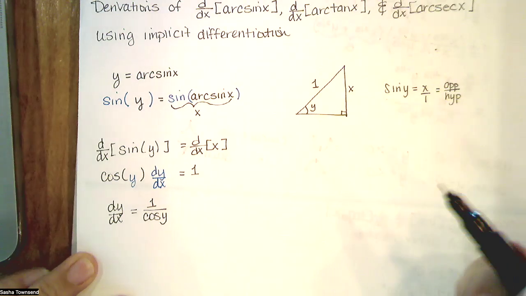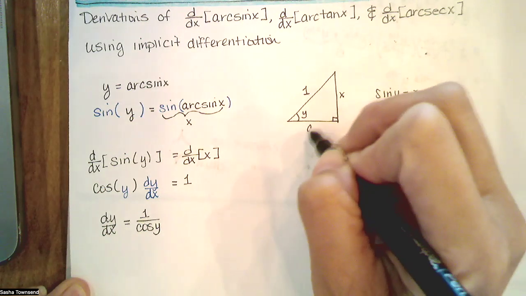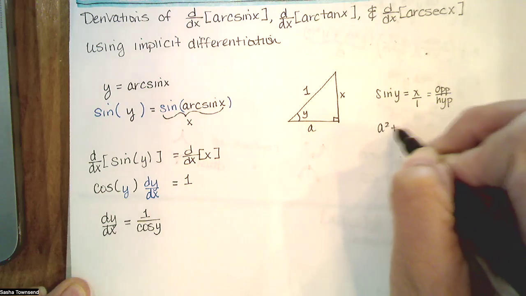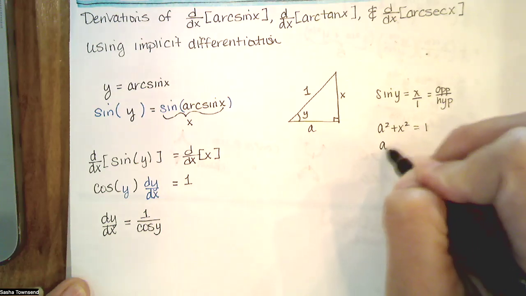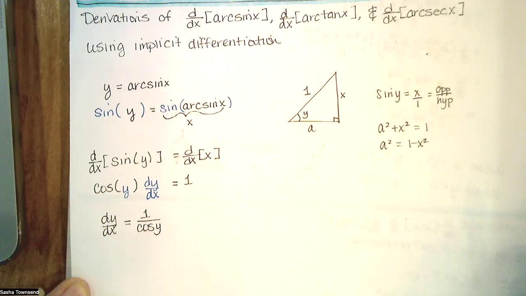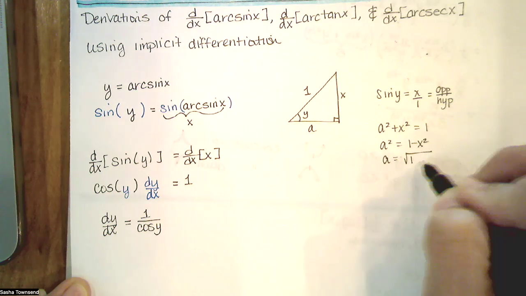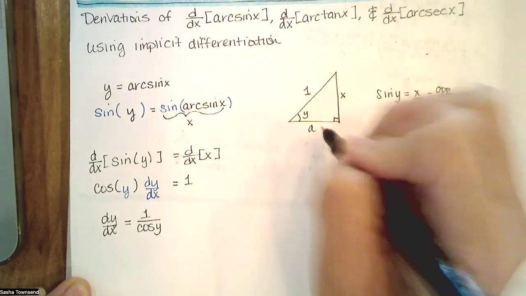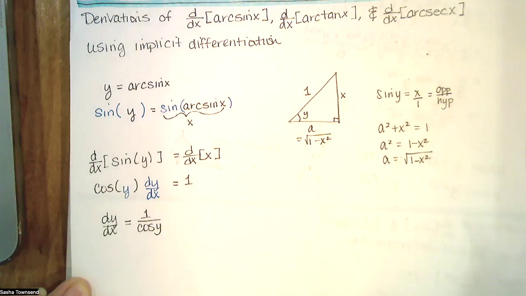And since we know two sides of the triangle, we can use the Pythagorean theorem to find the third side. If I call this side a, I know that a squared plus x squared equals 1 squared, which is just 1. If I want to get a by itself, I subtract x squared from both sides, and then I take the square root. And because this is a length, I'm going to use the positive square root. So a is actually the positive square root of 1 minus x squared.